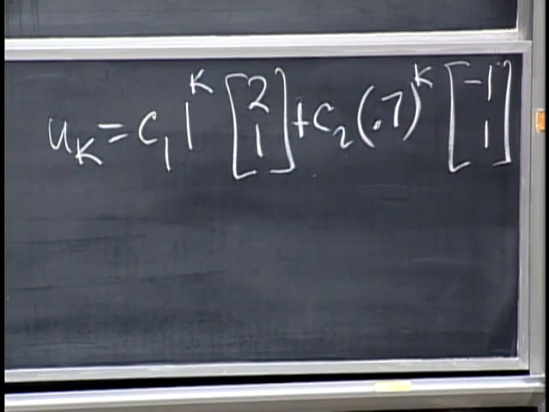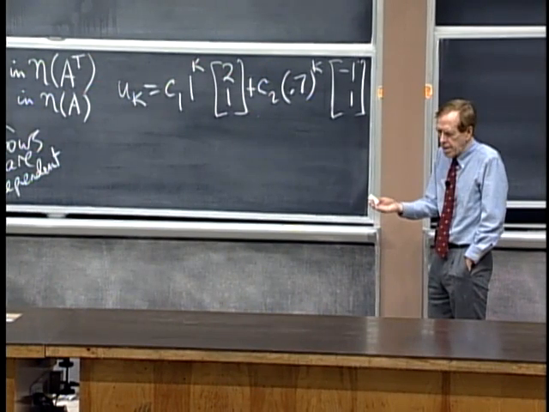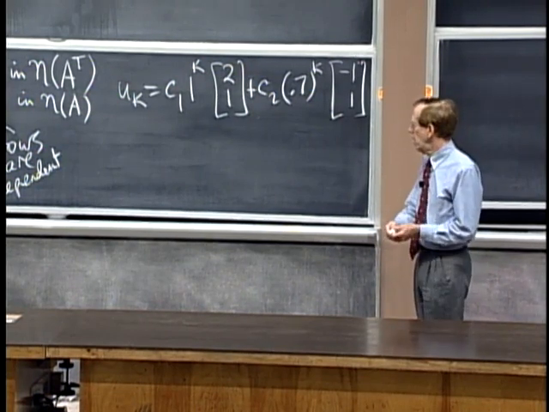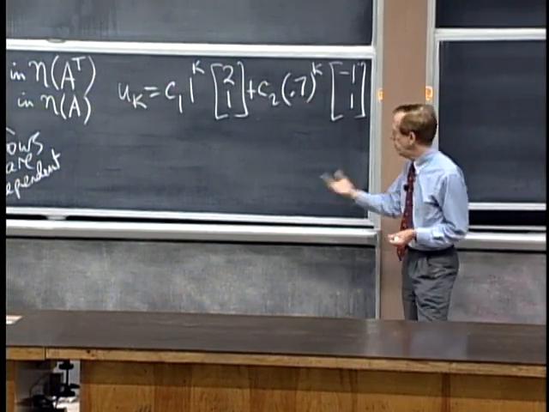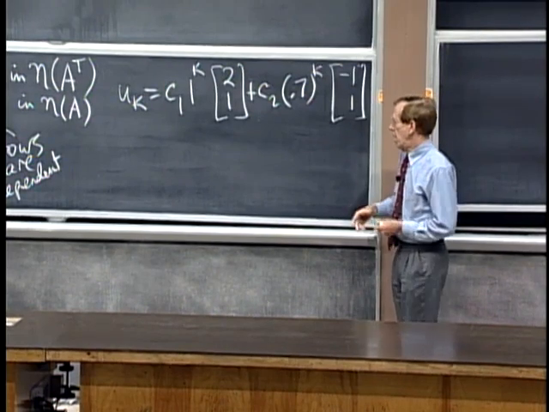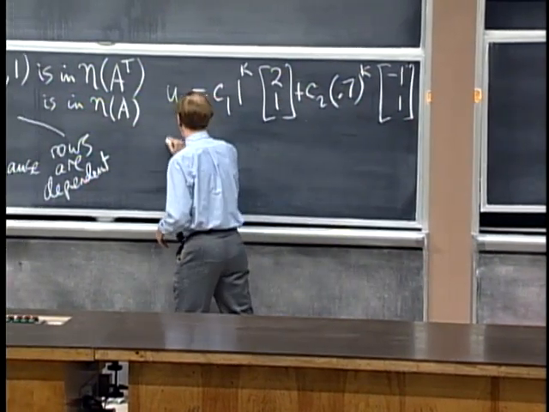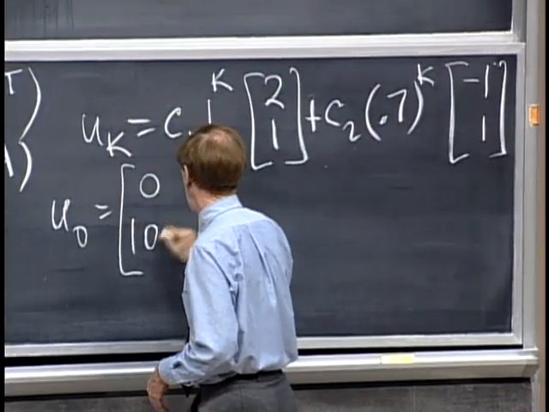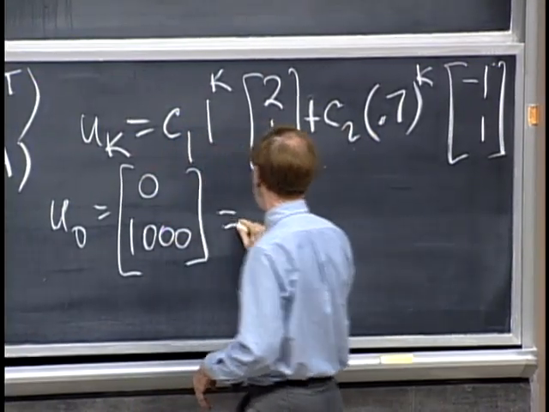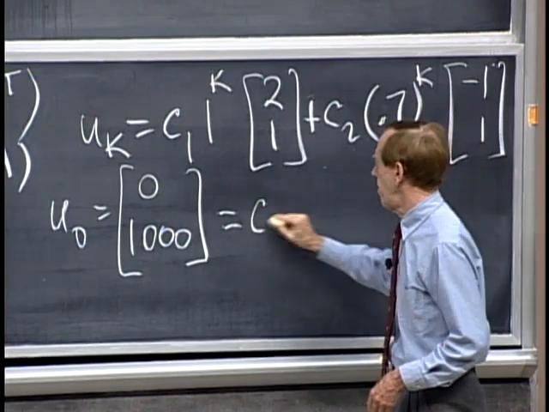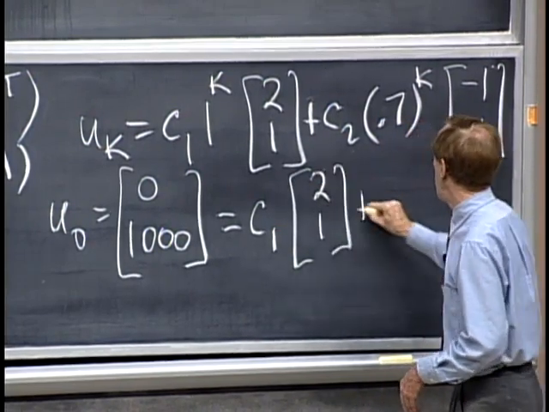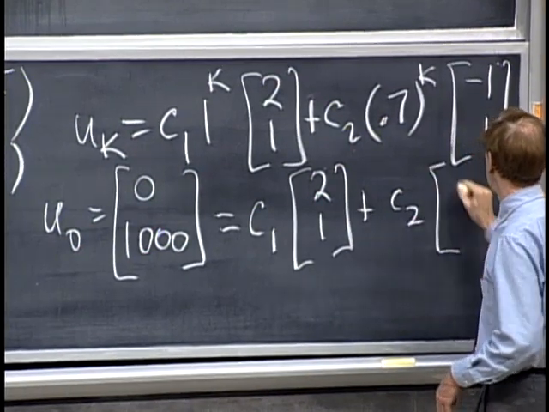This is how powers of a matrix work. When I apply those powers to u0, which was 0, 1,000, it has to be correct at k equals 0. So I'm plugging in k equals 0, and I get c1 times 2, 1, and c2 times minus 1, 1.